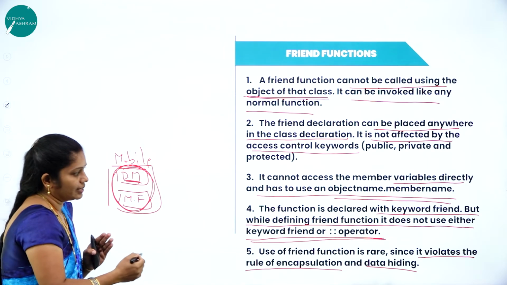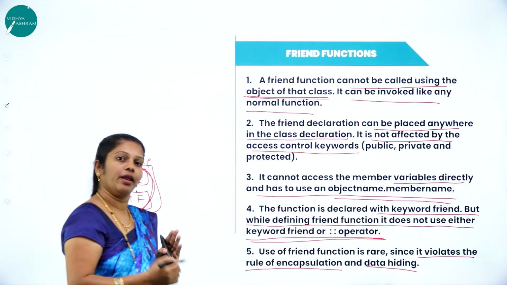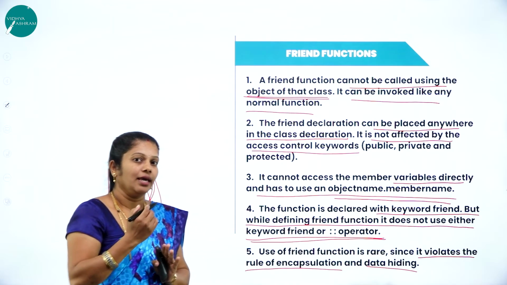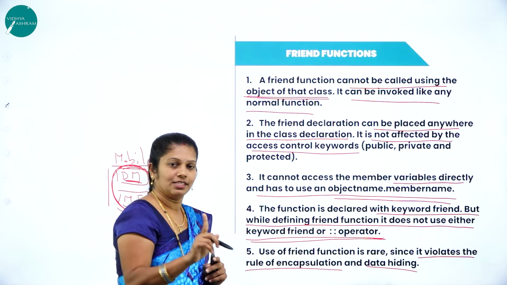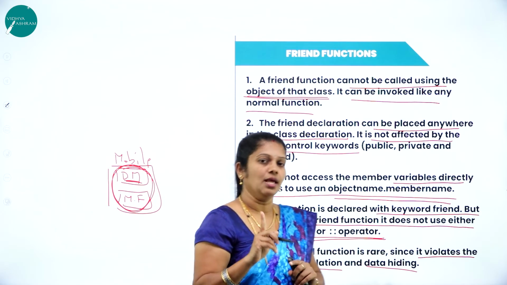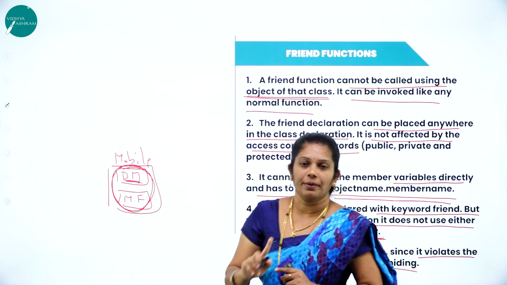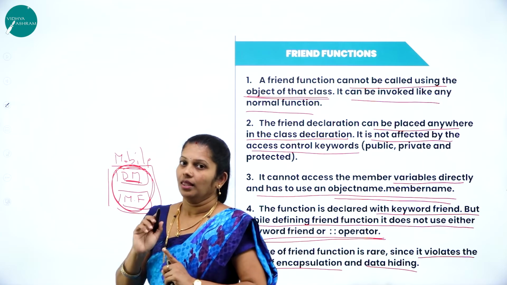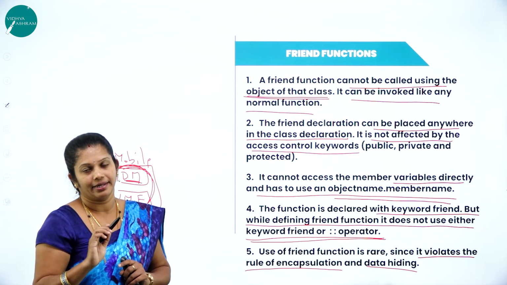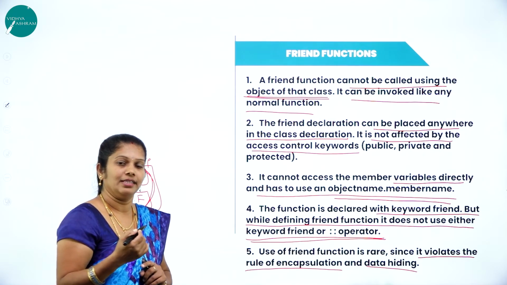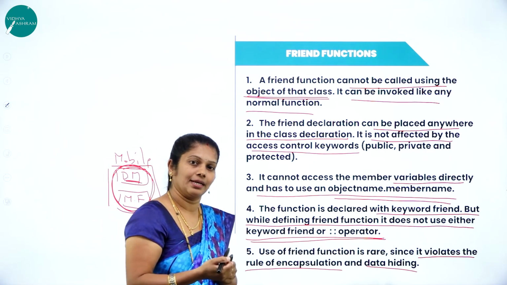Then in the exam, as I already told you, the features are also very important. For 5 marks, in the exam, you may get the question, explain the features. The first feature, it is a non-member function, but it can access your private and protected things. Then here we do not require the scope resolution operator. If I want, I can define this function inside the class or outside the class or anywhere.